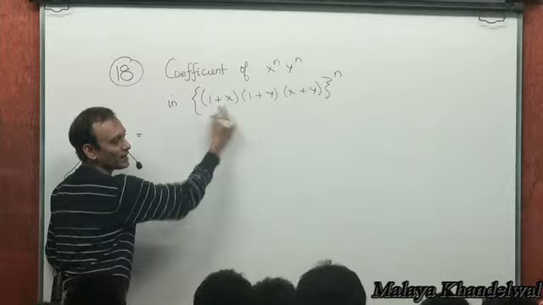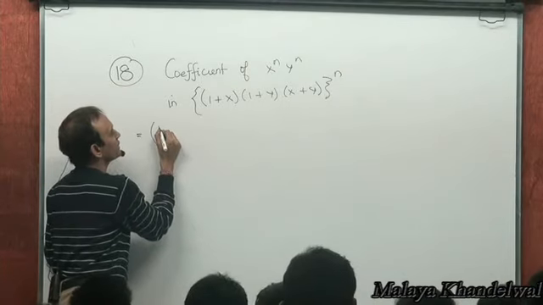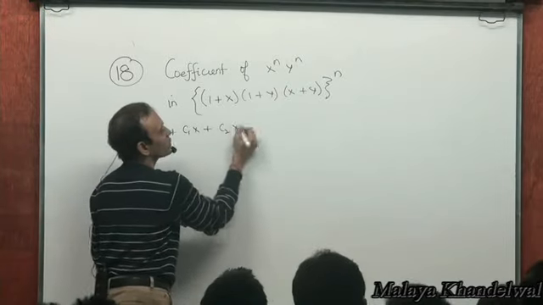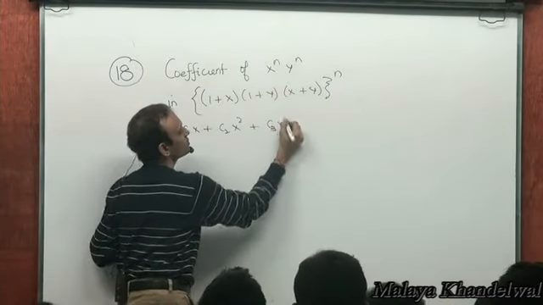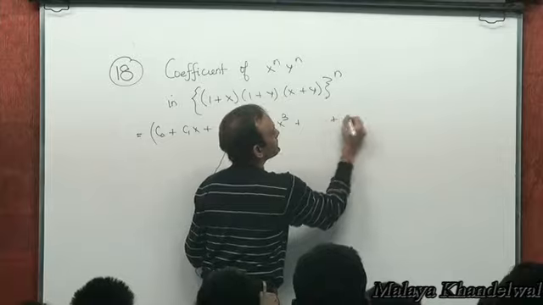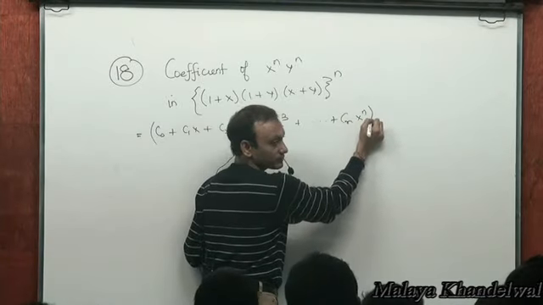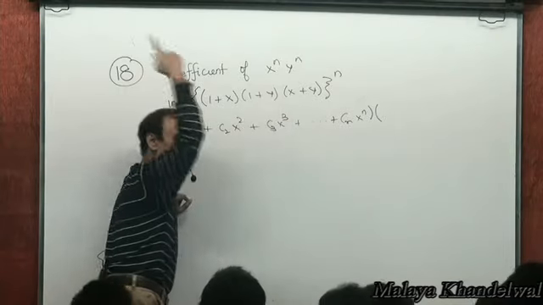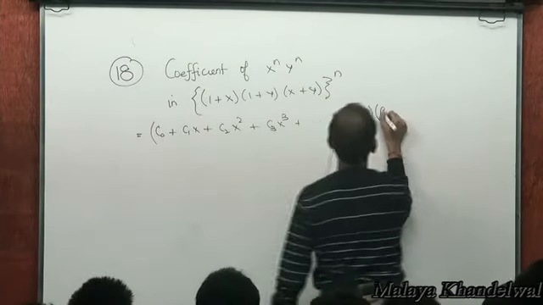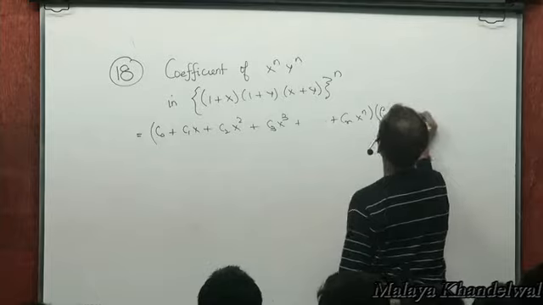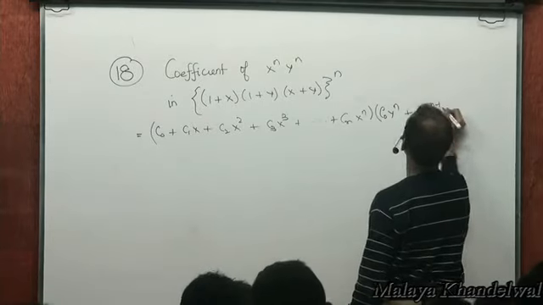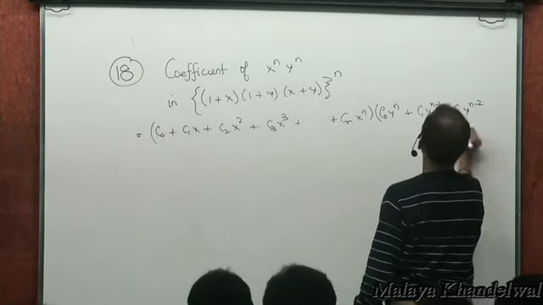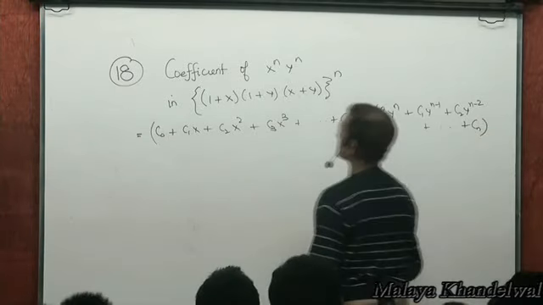This is 1 plus x power n, which I can write as nc0 plus c1x plus c2x squared plus c3x cubed plus cnx power n, right? The second term I write as y plus 1 to power n. So that's like c0 y to power n plus c1 y to power n minus 1, c2 y to power n minus 2, plus cn.